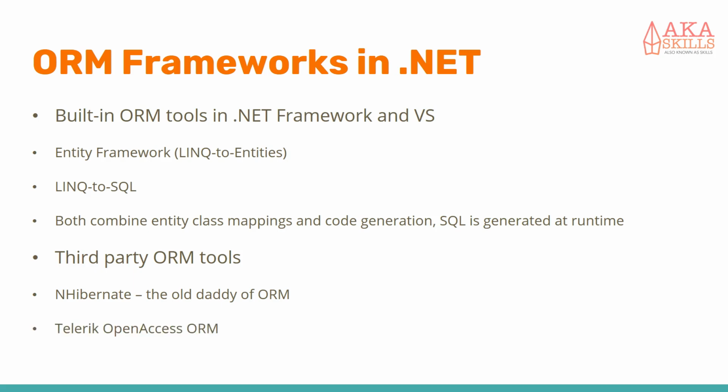We also have Telerik OpenAccess ORM, which is again some third party. It's still quite good, but honestly, Entity Framework is our best option. It's the fastest, more stable, easier, with easier code syntax, more maintainable, and there are many factors why Entity Framework so far is the best.